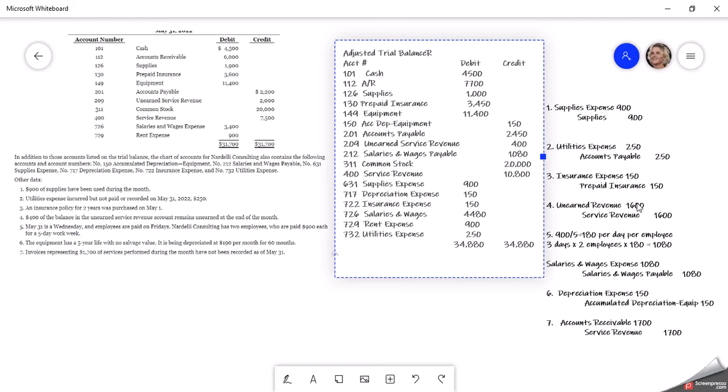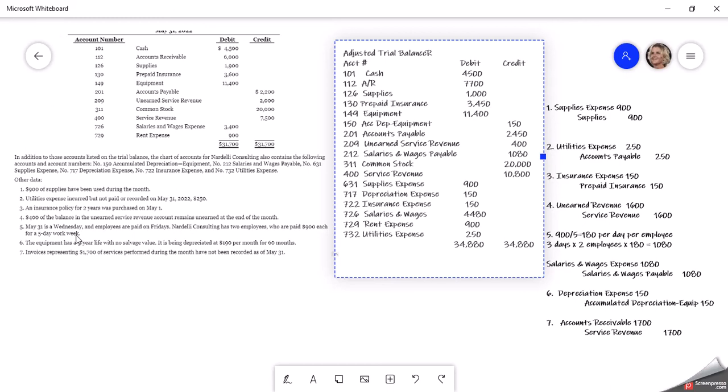But I did record all of our entries over here, and I didn't miss any of the items on this side. Are we the 250? $400 remained at the end, so that was $1,600. $900 for a 5-day work week, I did that right too, I think.